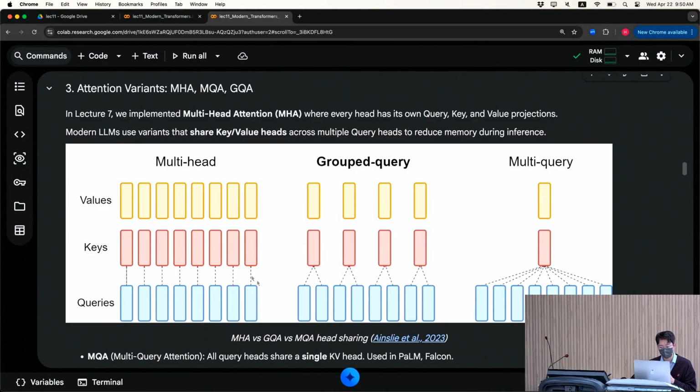To take this to the extreme, in multi-query attention, you have the same number of query heads, but you have a single key head and value head. So every single query shares the same key and value. And in the middle, you have grouped query, where a subset of queries shares a single key and value, and another subset of queries shares the same key and value, and so on.